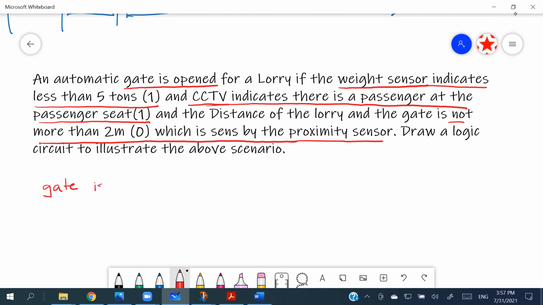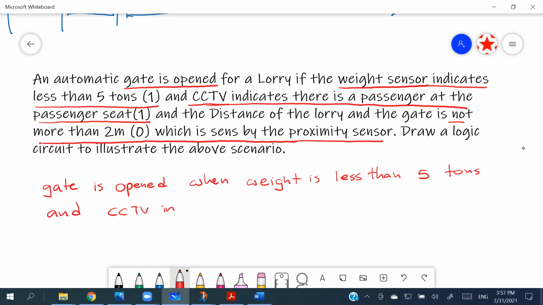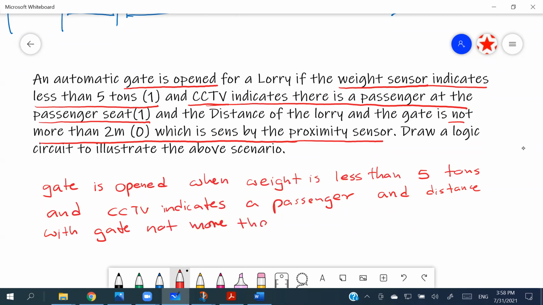Gate is opened when weight is less than 5 tons and CCTV indicates a passenger and distance with gate not more than 2 meters, right?